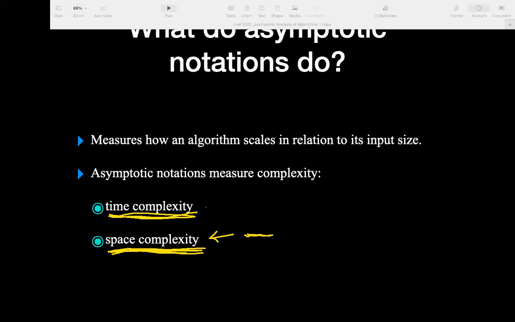But time complexity remains very important, because if your program is not optimized for growing input size, the time it requires to execute is going to increase with the increasing input size.